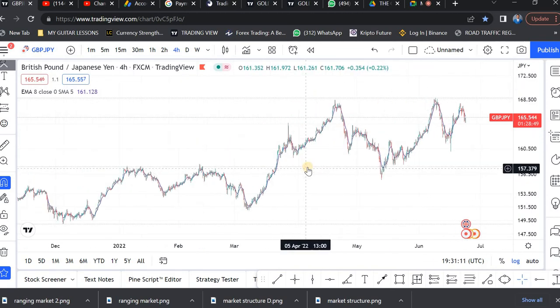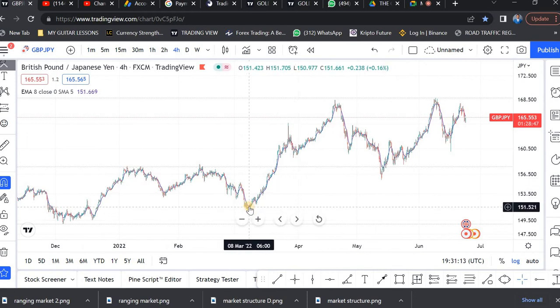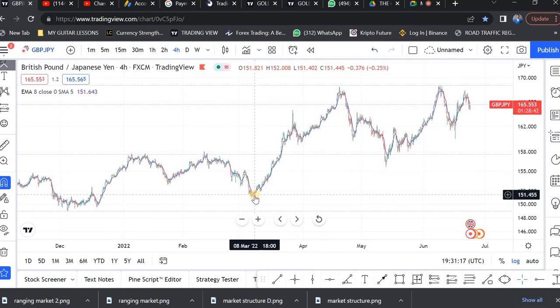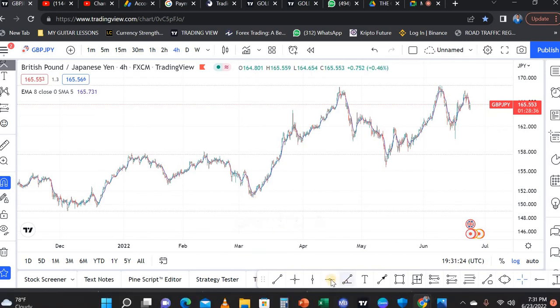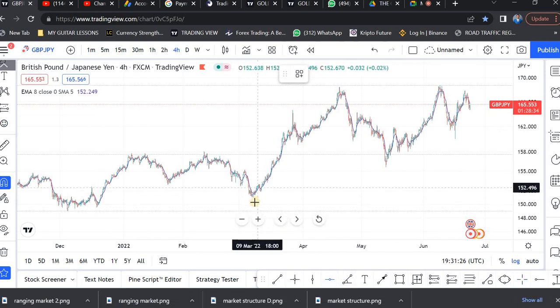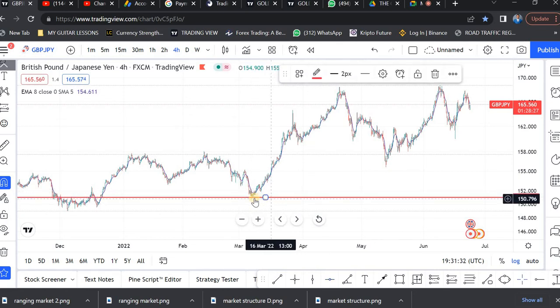So what you do is that, starting from the lower part of the price movement, the lowest low price formed, you draw a line which will serve as a support. You place the line below the lowest point price came. So this is the line drawn.